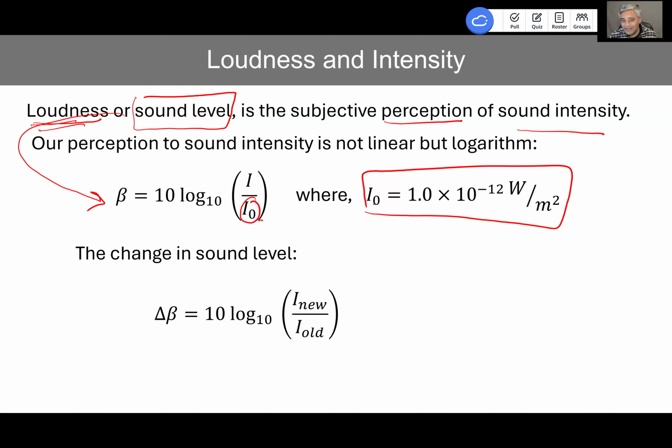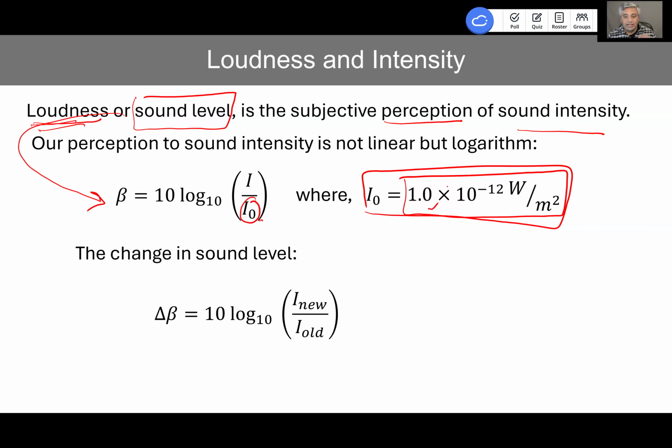It is the intensity at which our normal ear, that we haven't abused yet with exposure to loud sound, and so on. If our hearing is intact, our ear can hear this much intensity. Okay, the smallest intensity it can hear or detect or notice is that one.